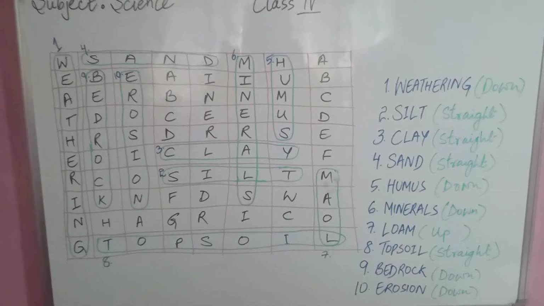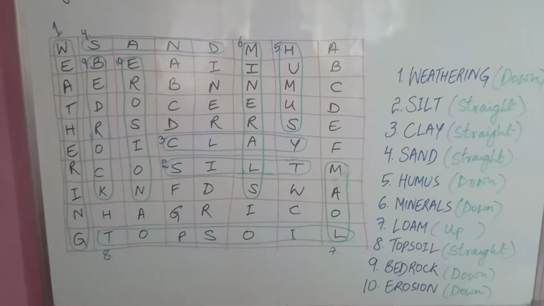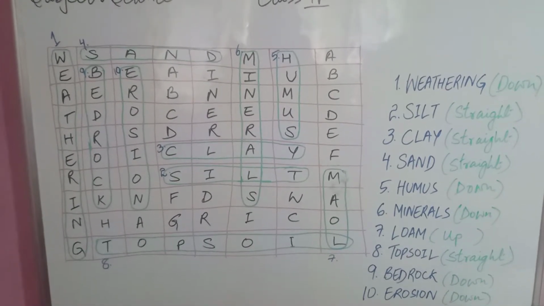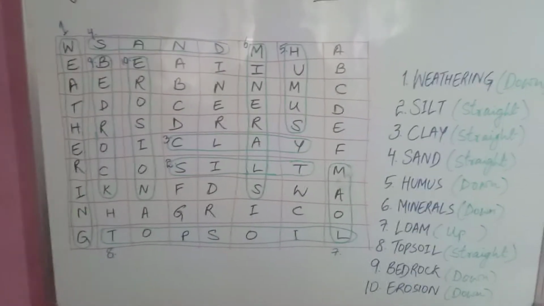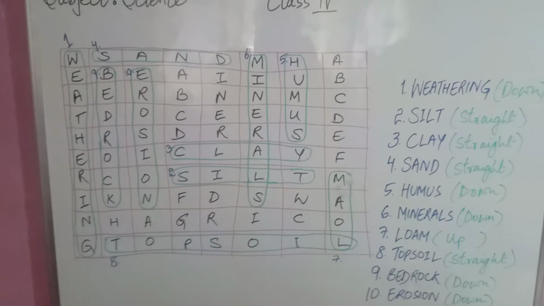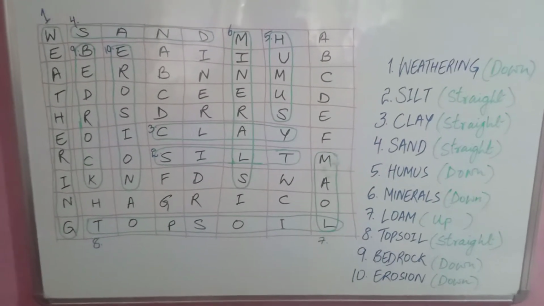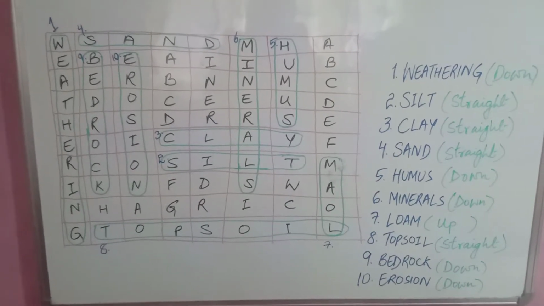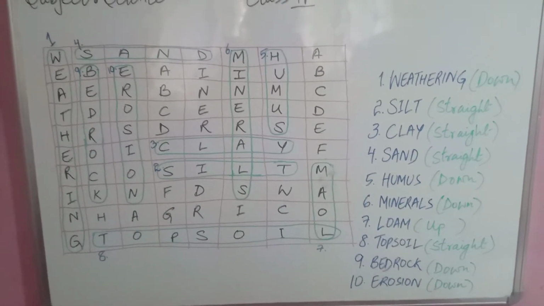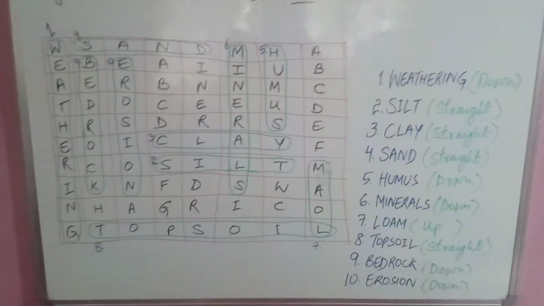Then humus is in a downward position. Then minerals, then loam, which is in an upward position from the right hand side, and then topsoil, which is also in a straight position, bedrock, and erosion. So these are some of the words we're going to come across while going through this chapter.